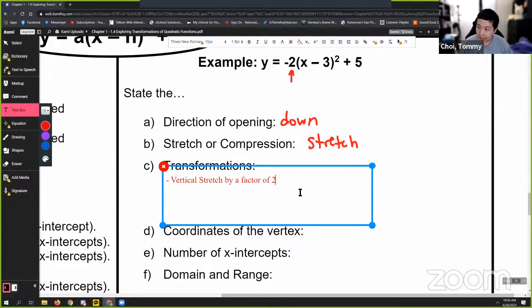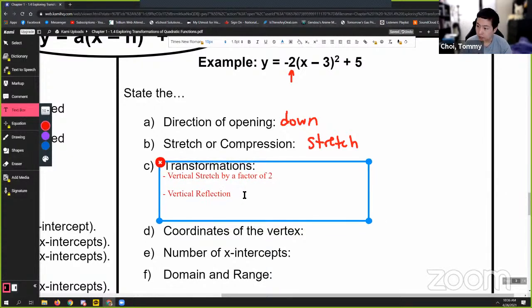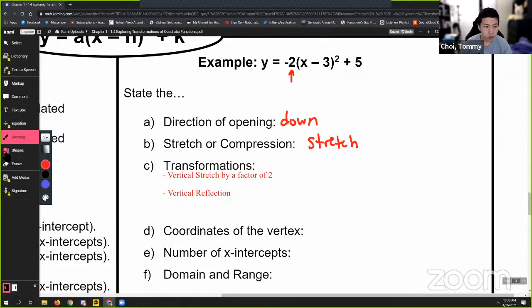The only thing that the negative tells us is whether it's opening up or down. And I'll show you how to write that. The one you write right after that is vertical reflection. This is indicating that it's opening down. So I'll write that beside it here. If it opens down, it's been reflected down.